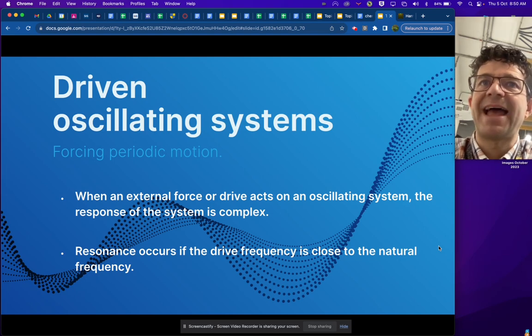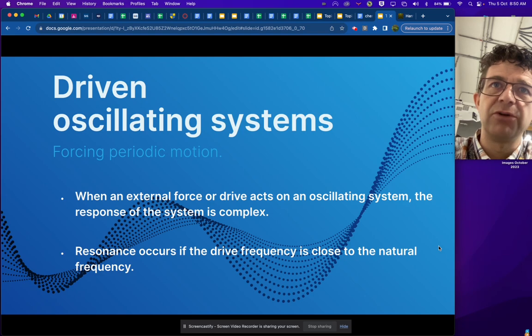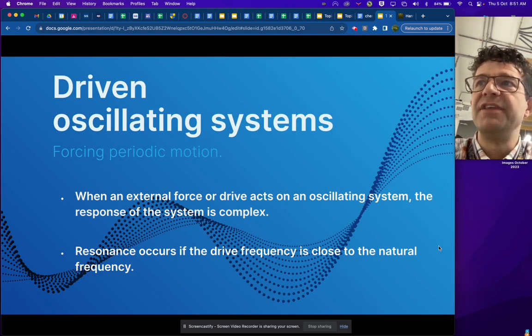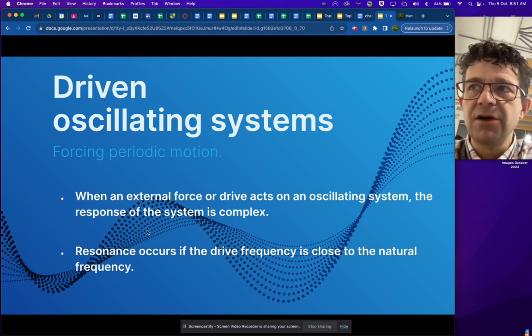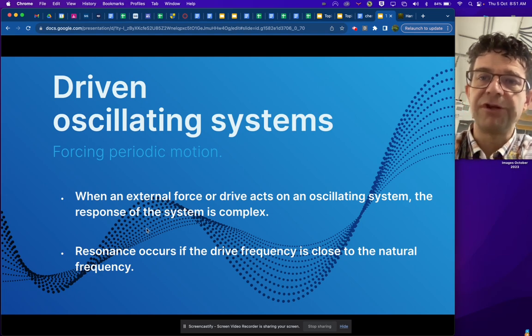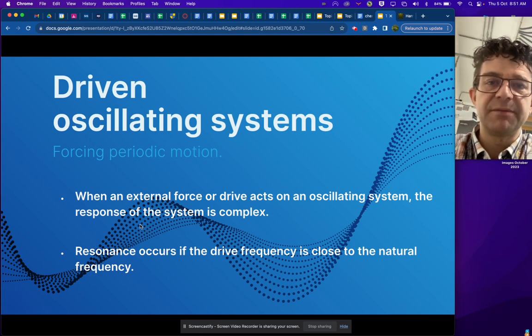You can think of this as maybe an adult pushing a child on a swing, the swinging of the stationary point of a pendulum, the pulling of a spring to help force a mass and spring system to move. And here the feature we're looking for is the feature of resonance, which is where a small driving force generates a large response when the driving frequency is similar to the natural frequency of the system. We'll look at some simulations to see that.